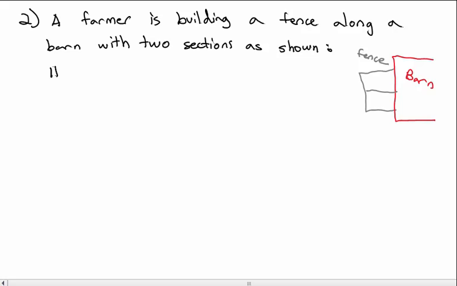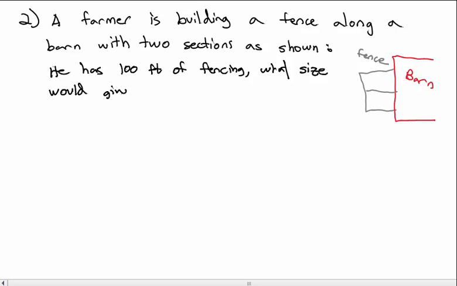He has 100 feet of fencing. What size would give the maximum area?